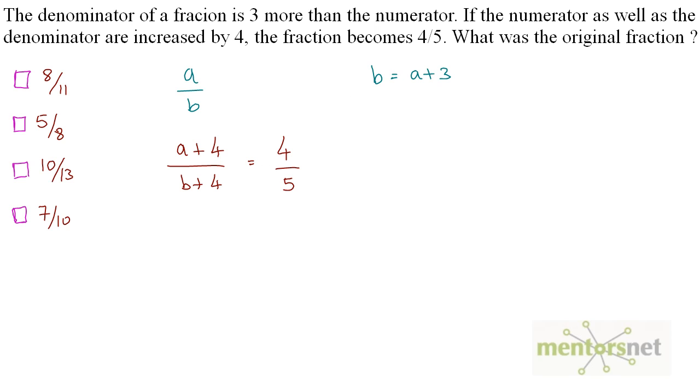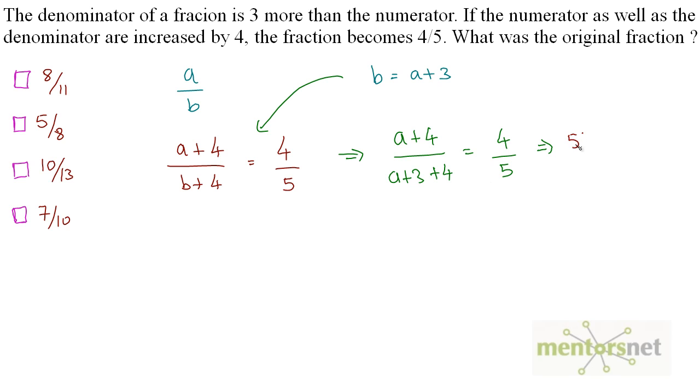Now you can put the value of B in this equation and get the value of A and then the value of B. So we can write this as A plus 4 by B's value, which is A plus 3, plus 4, is equal to 4 by 5. Let's move this 5 to the left hand side.